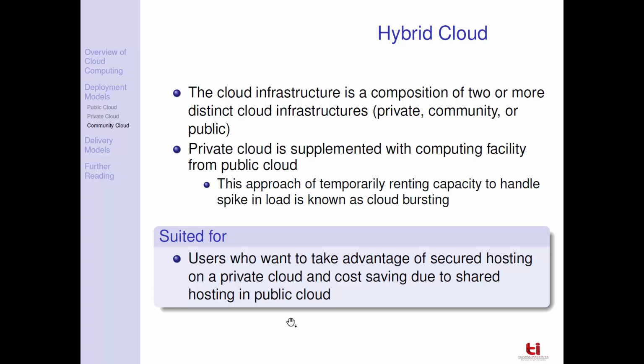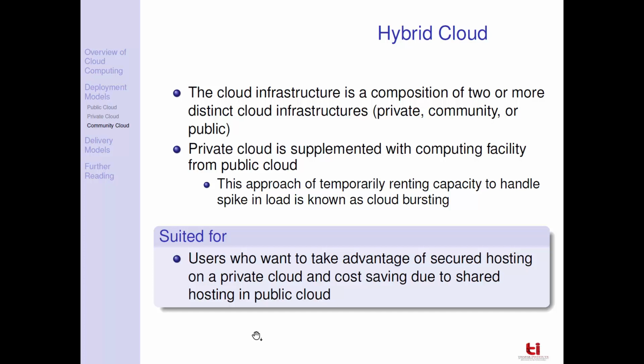So this is the suitability of hybrid cloud. It is suitable for those users who want to take advantage of secured hosting on a private cloud, and also the cost saving due to shared hosting in a public cloud.